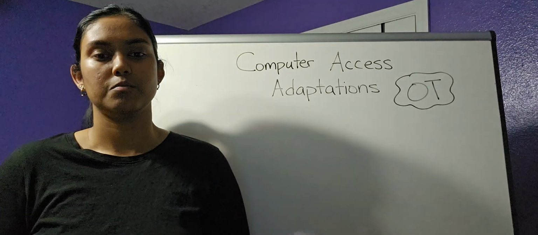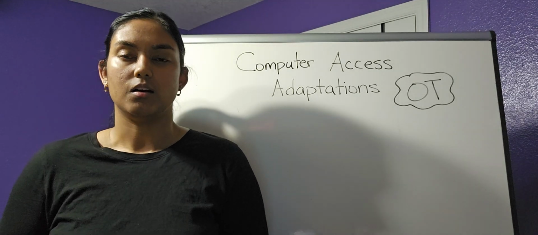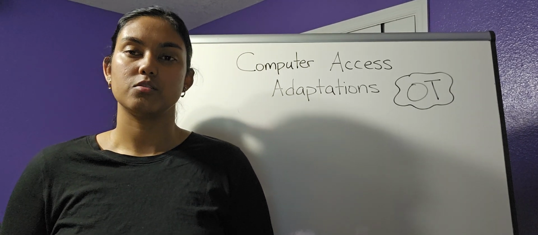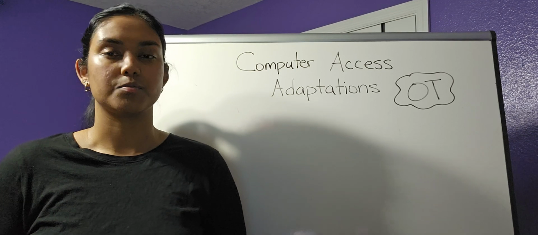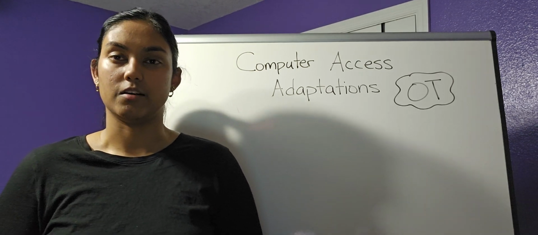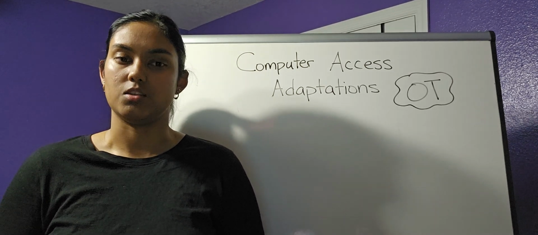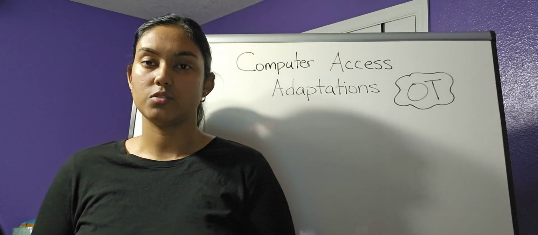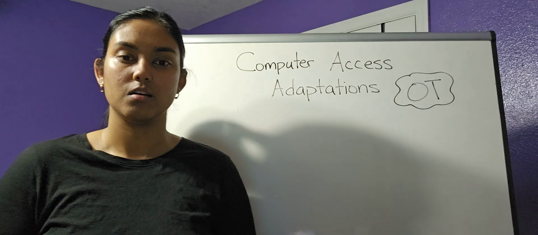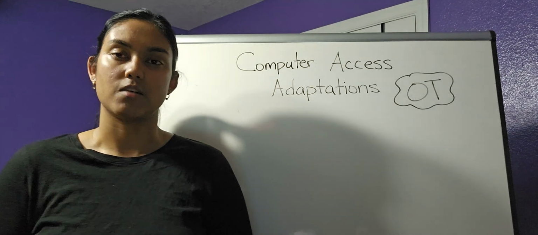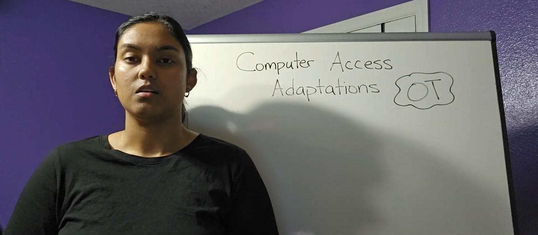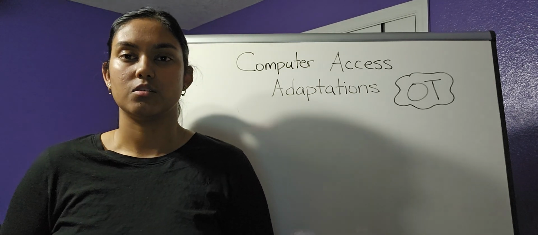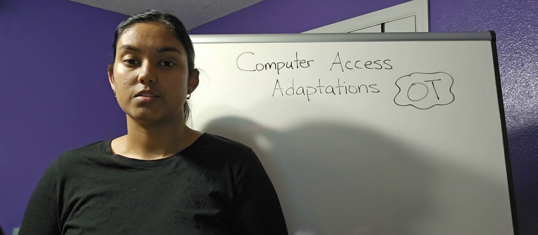So we want to be able to effectively choose an appropriate option or adaptation for the computer so they can carry out any of their occupations that they need to. There are assistive technology centers with OTs who specialize in this area, and they do the evaluation and provide a specific assistive technology to anyone who requires the need.